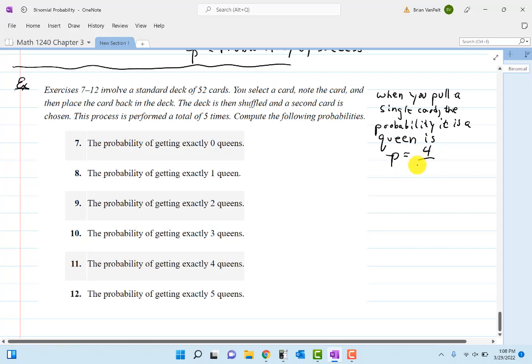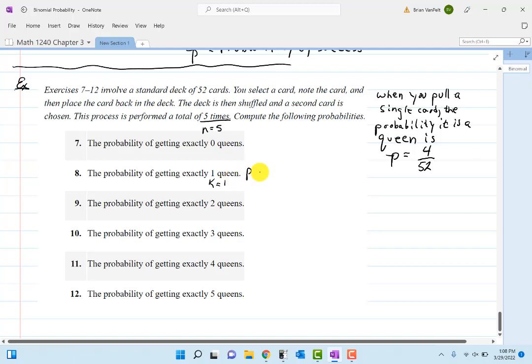There are 4 queens in a deck of 52 cards, so my probability of success is 4 out of 52. Now let's take a look here. We're doing this 5 times, so n equals 5. The probability of getting exactly 1 queen, that means k equals 1.